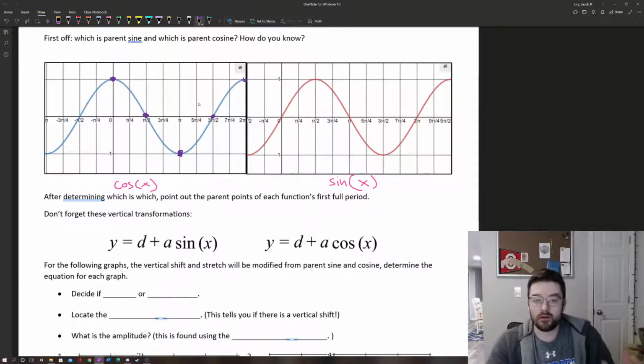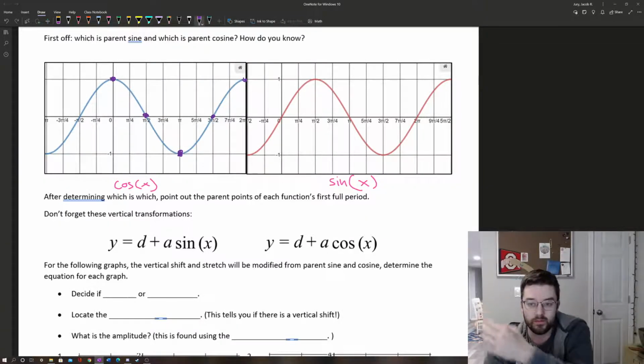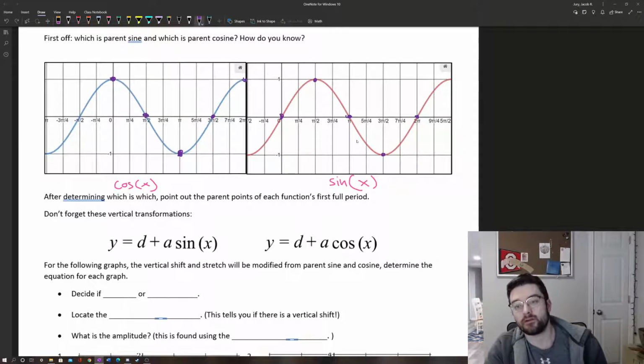So cosine starts at a peak, goes to a 0, then a valley, 0, another peak. That's the first full period of cosine. And sine, as we talked about, starts in the middle of its period at a 0, and then goes to a peak, goes to another 0, goes to a valley, and then finishes off at another 0 for its first period.